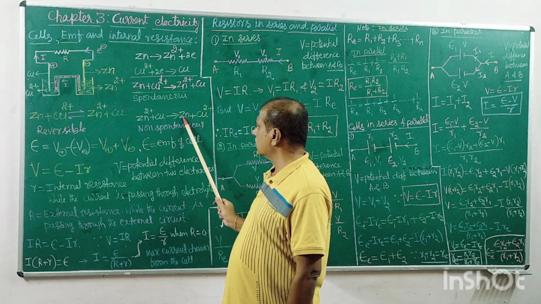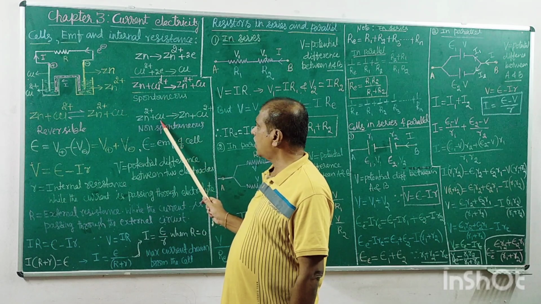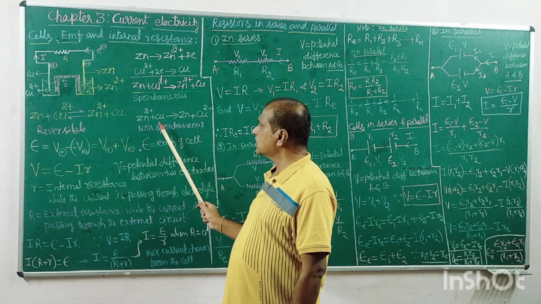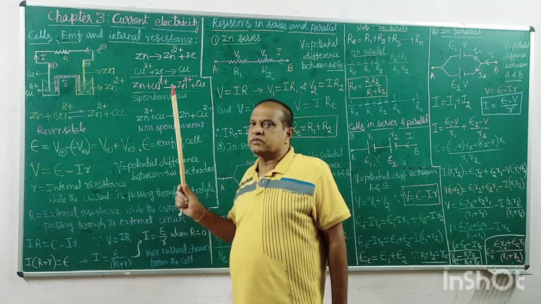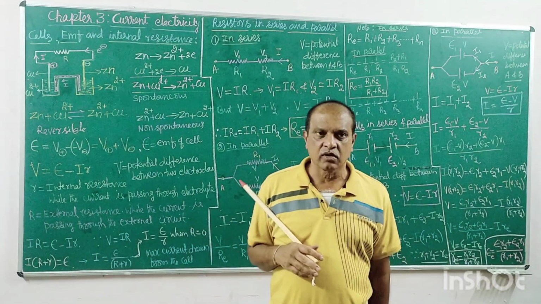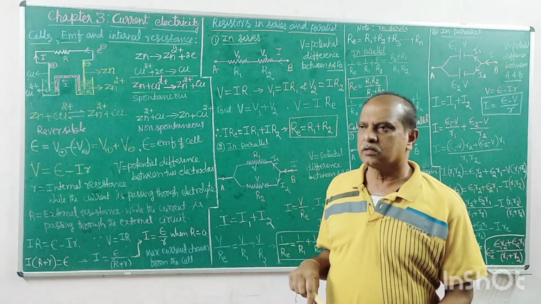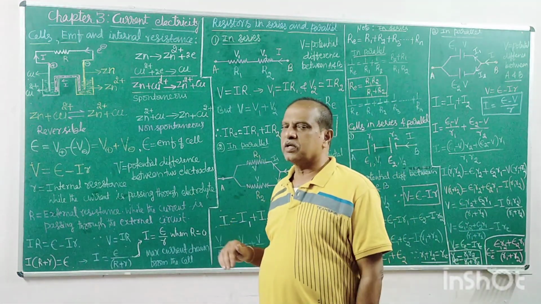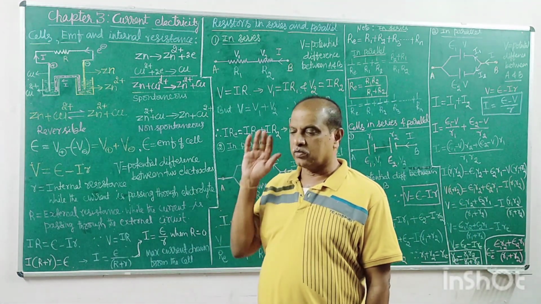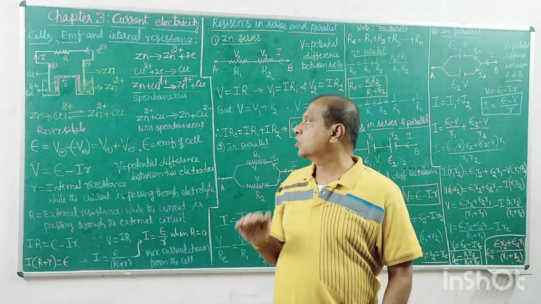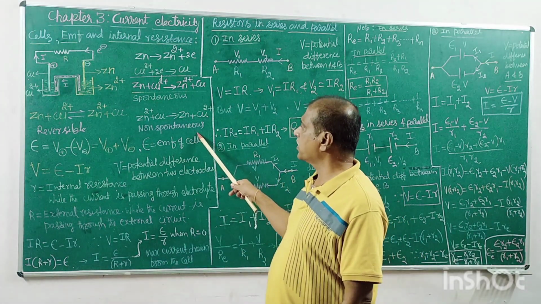Zinc deposits on the zinc metal, copper dissolves into copper ions. This reaction does not take place by itself. It is non-spontaneous. It can take place only by external energy. You have to give external energy to effect this non-spontaneous reaction.